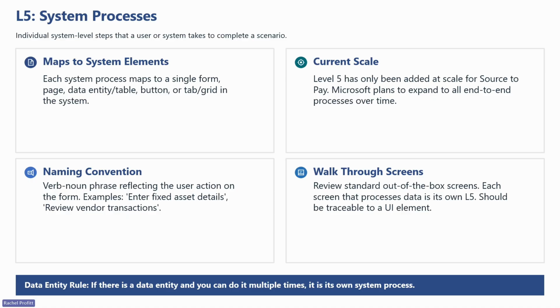One important rule to anchor on: if an action can be repeated on the same entity with different data, then that should stand on its own as a system process. Using the example of a sales order, we create the header of the sales order and we create lines of the sales order. Those are two different system processes because I can add multiple lines and repeat that more than one time.